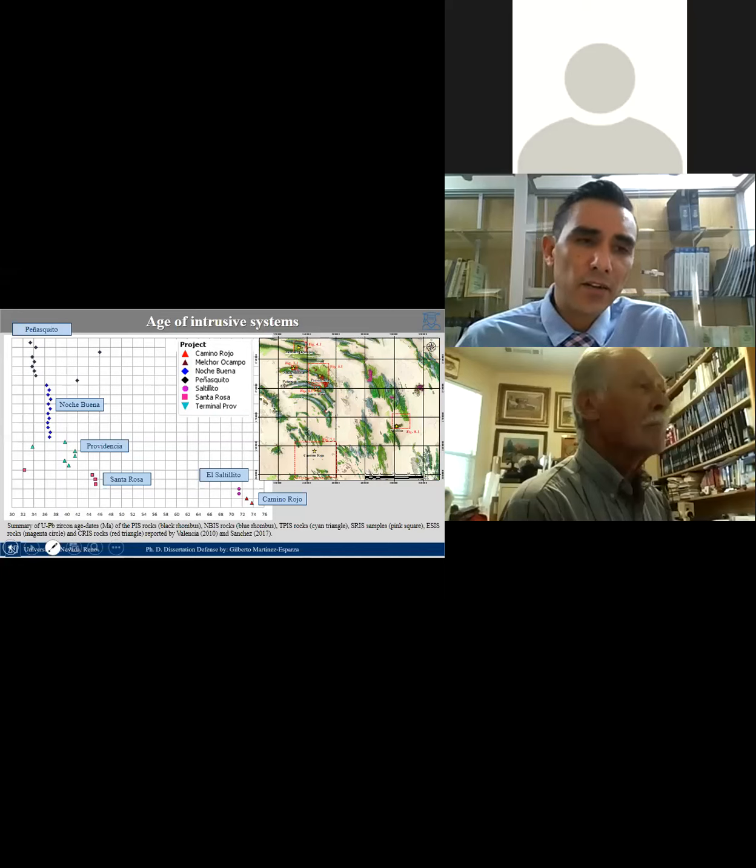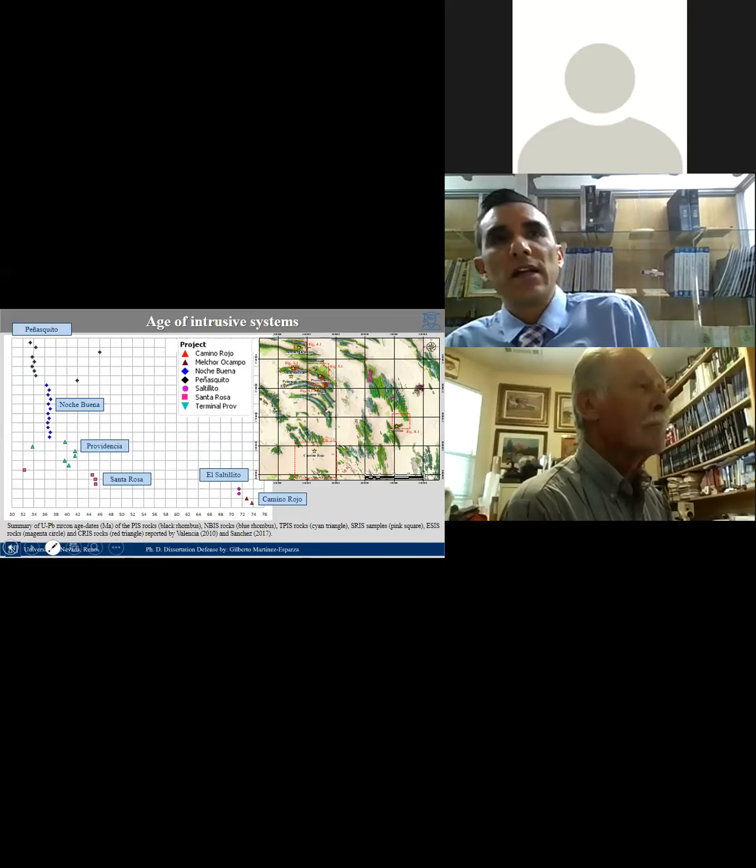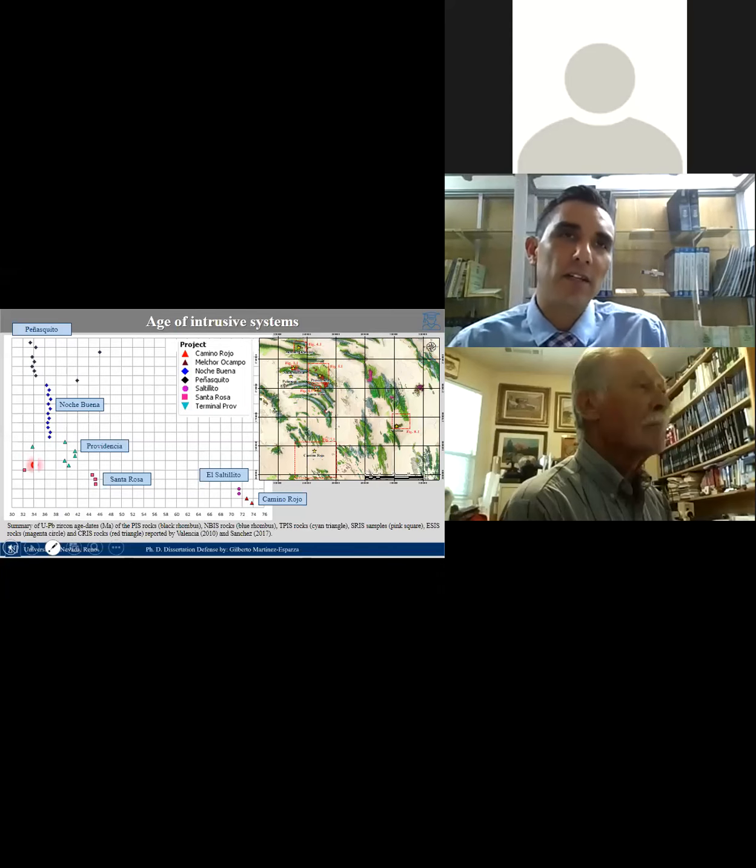And another study shows younger igneous rocks at Providencia and Santa Rosa. Although the location of these samples shows that the sample at Santa Rosa was taken in the Las Águilas intrusive dike, so it can be the last activity, but just small dikes in the area.